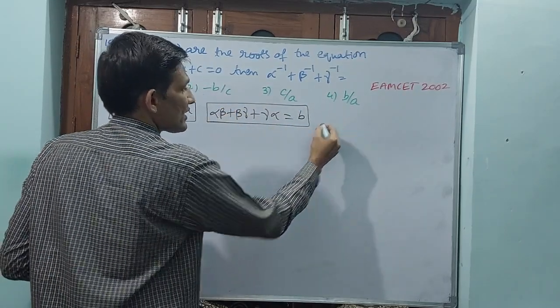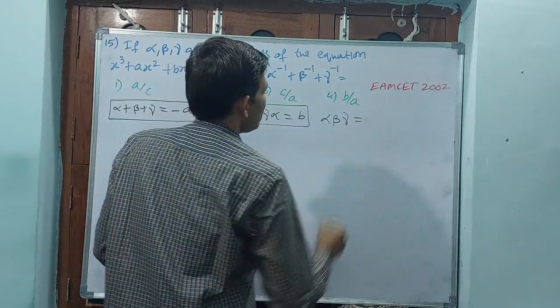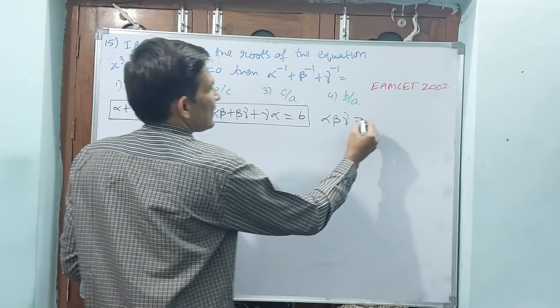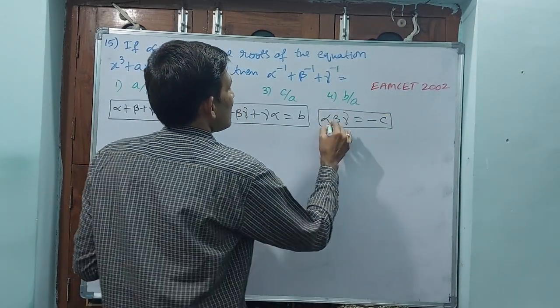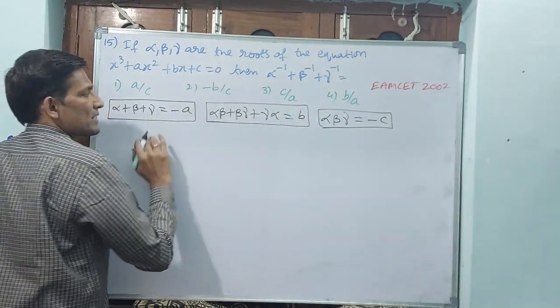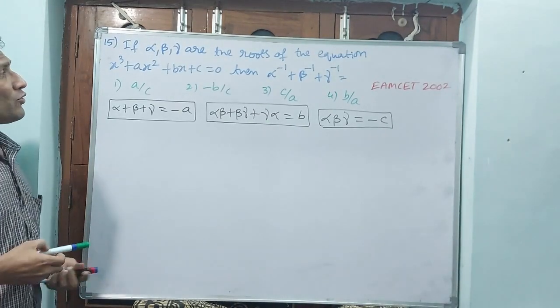Now S3 is alpha beta gamma. Alpha beta gamma is equal to C by 1, C, that's all. Sorry, minus C, forgotten. Here also minus C. S1 and S3 have minus signs, but this will come B.